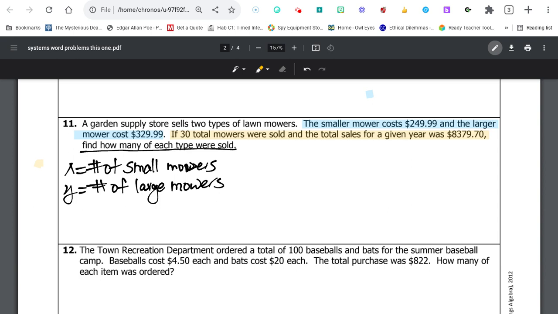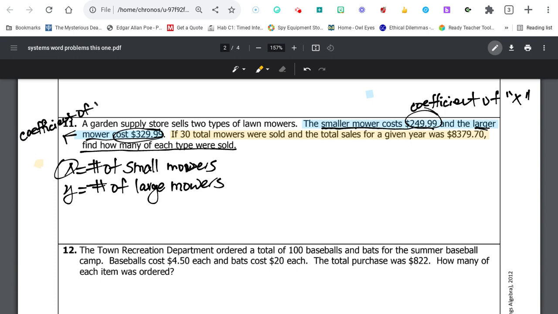So let's take what we know. The small mowers cost that amount, and the large mowers cost this amount. So this is going to be the coefficient of small mowers. Small mowers is X, coefficient of X, and then because this is the cost of the larger mower, it's going to be the coefficient of Y. Okay.